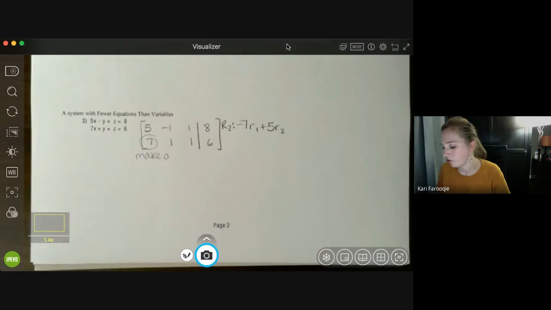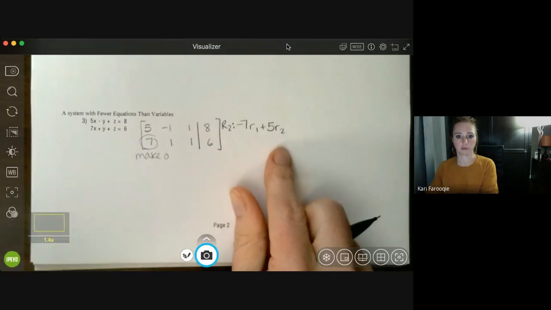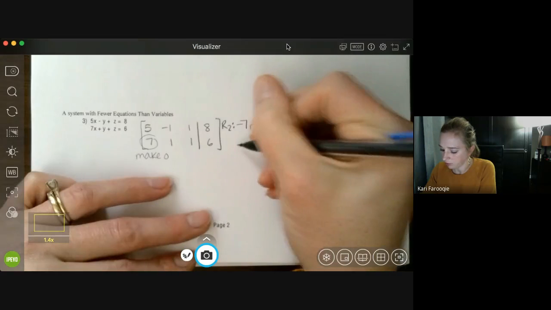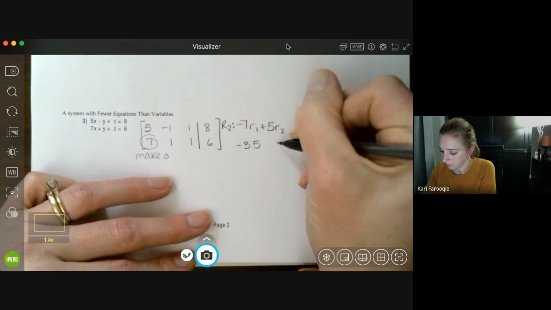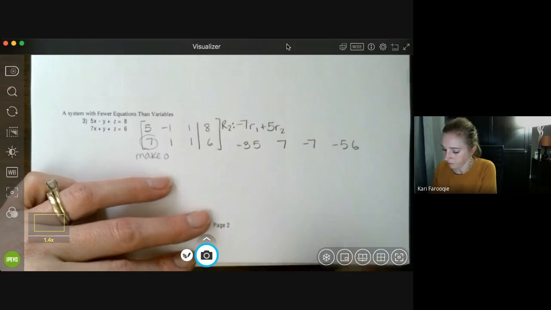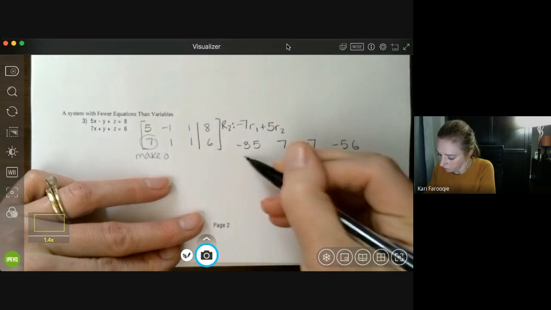Any questions on why I'm going this route? Okay. So -7 R1. Be careful with your signs here. Make sure that they're the opposite of what they were before. And then 5 R2.